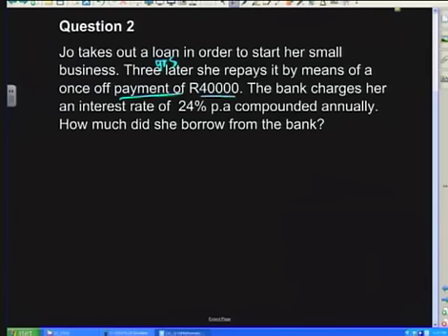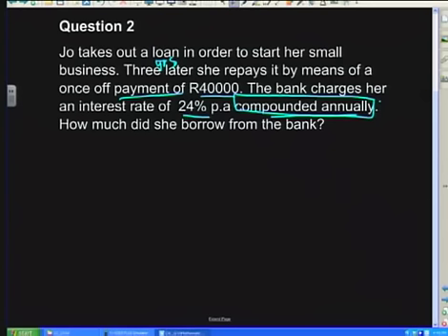The bank charges her an interest rate of 24% per annum, compounded annually. You don't have to worry about this little section just yet, because for now, all of your questions will be compounded annually. How much did she borrow from the bank?